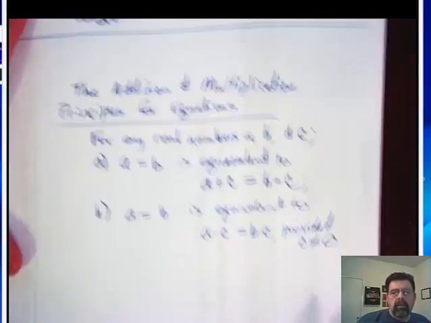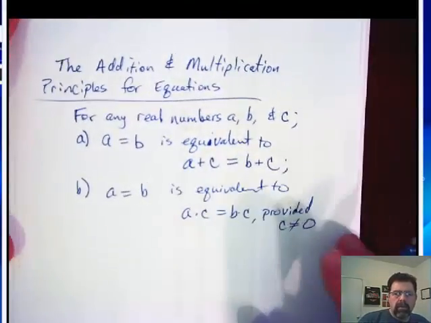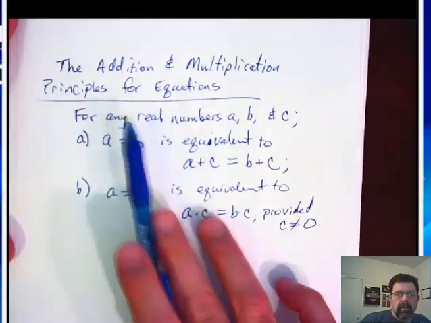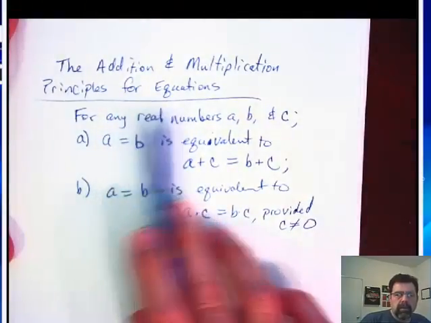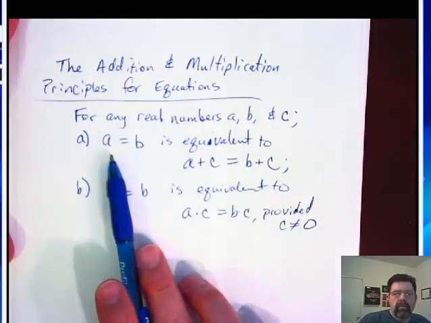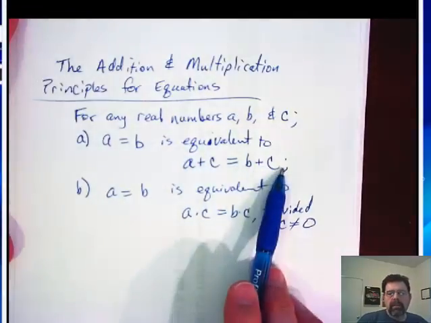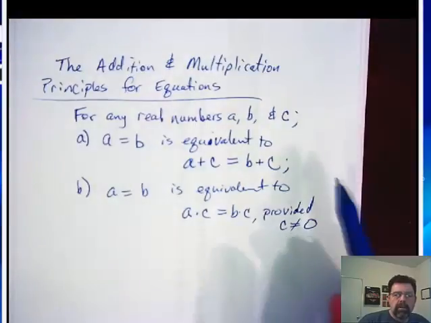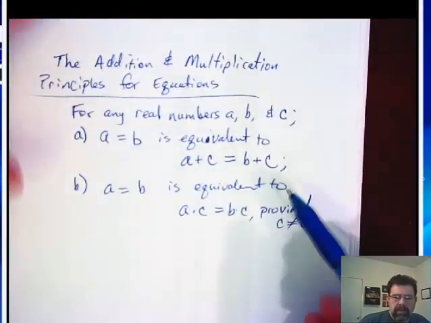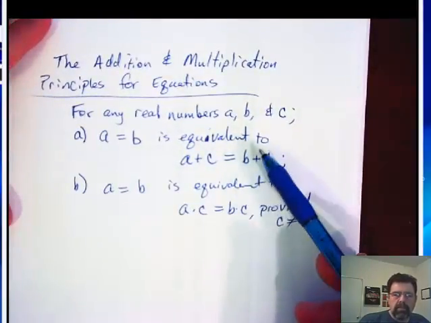Okay, so again, what I like to remind people is that if you just say A equals B is equivalent to A plus C equals B plus C, it's not very meaningful. So you need to translate this to something a little more meaningful.